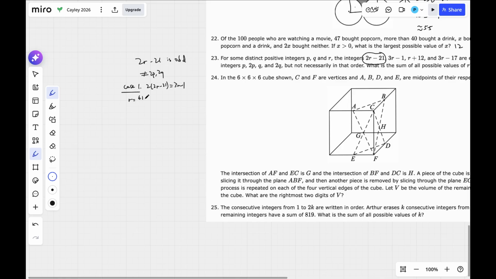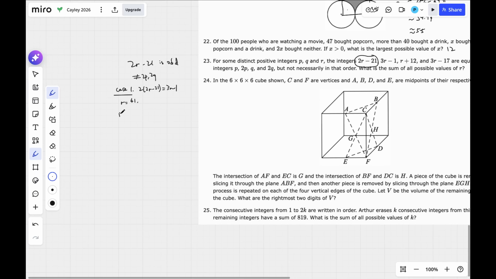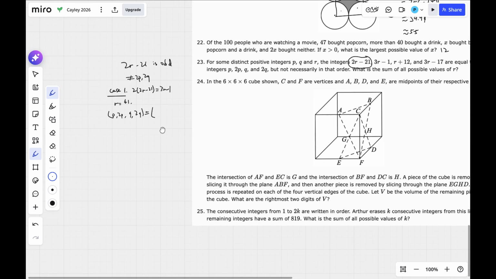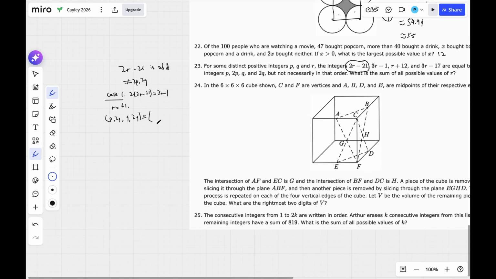So here we have case 1: 2 times 2r minus 21 is equal to 3r minus 1. As a solution, this gives us r equals 41. Now we just need to plug this in for the rest of the numbers.